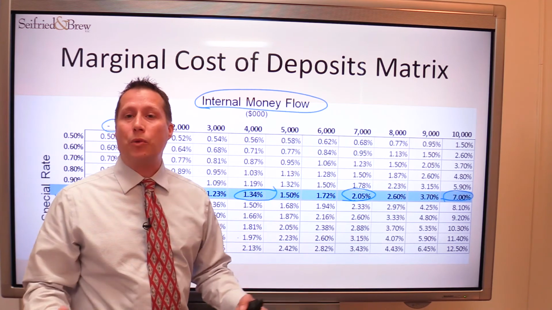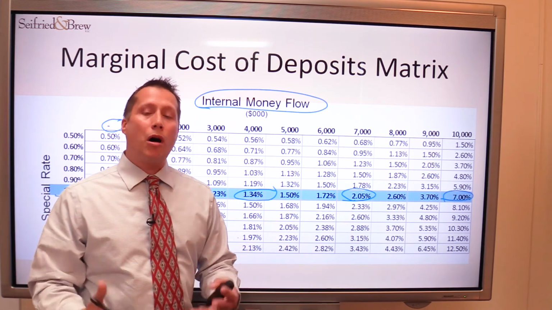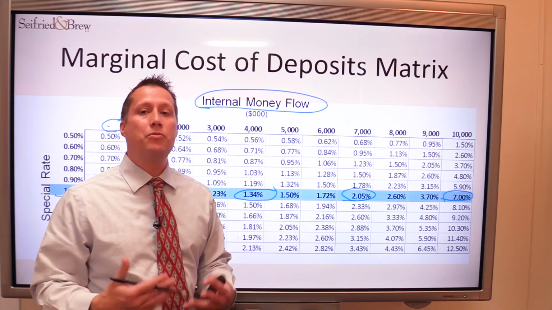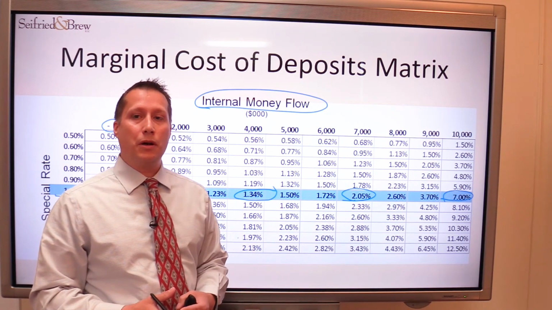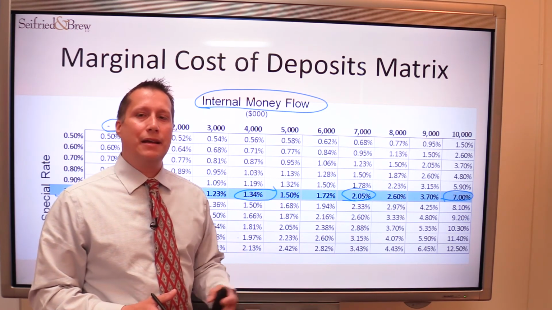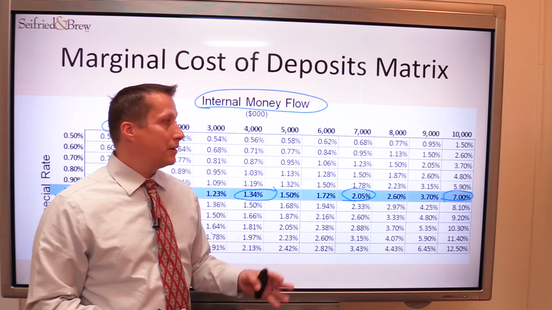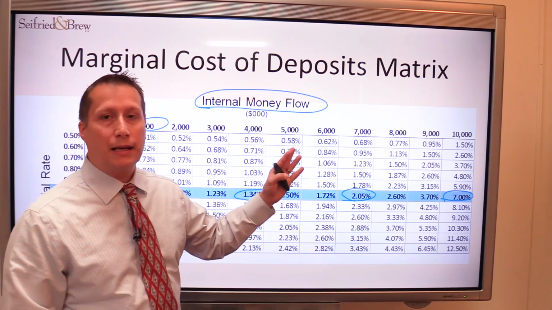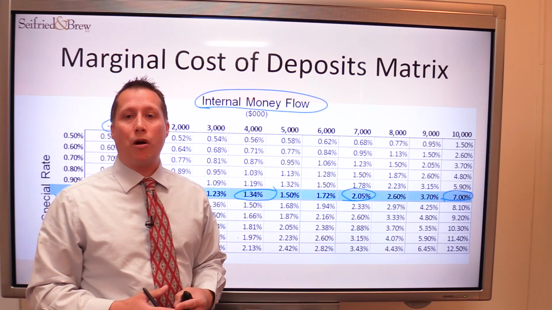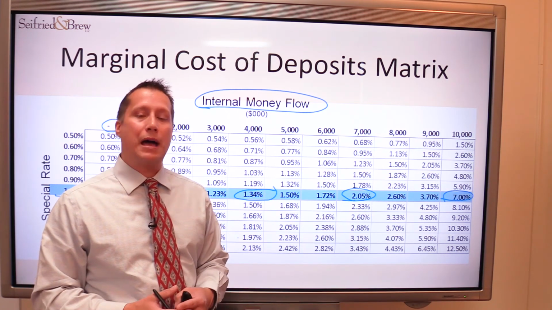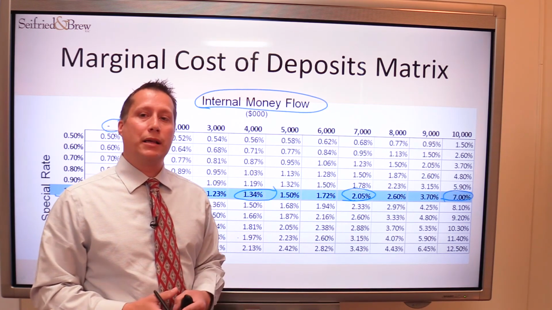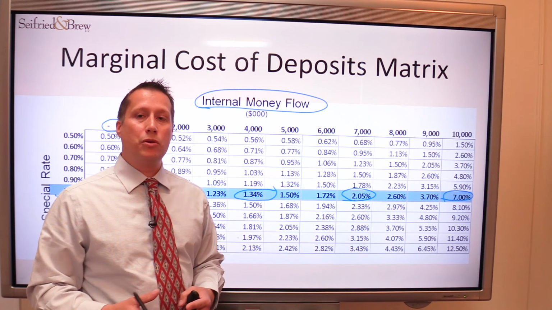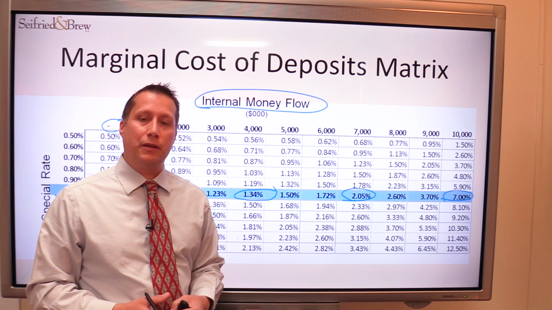But overall, that's why we like to see banks who are offering new accounts require new money to come into the bank in order to gain that new interest rate. It's going to help you in your marginal cost of deposits, and it's going to help you overall when you're looking at the share of wallet you have with that client, as well as your overall net interest margin as we move through the next couple of years.